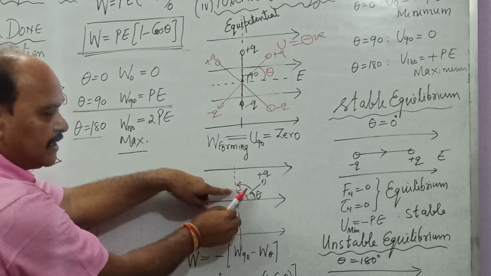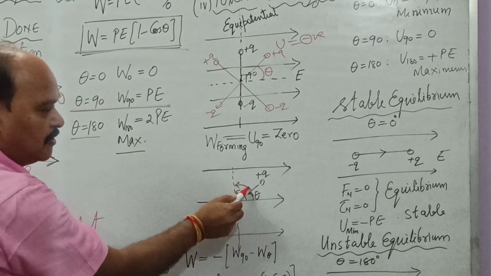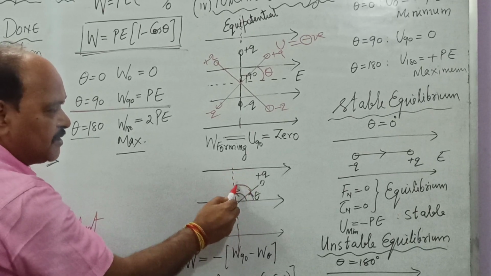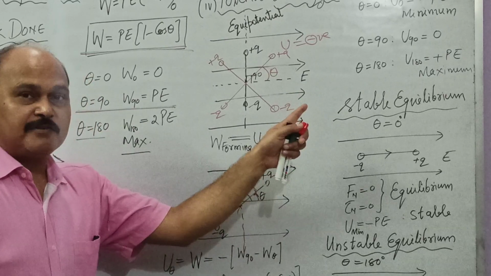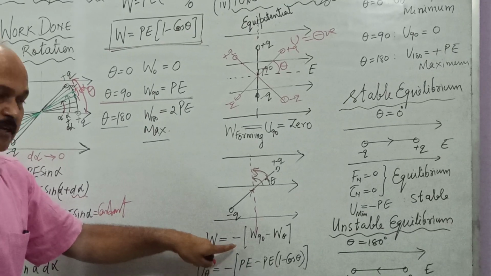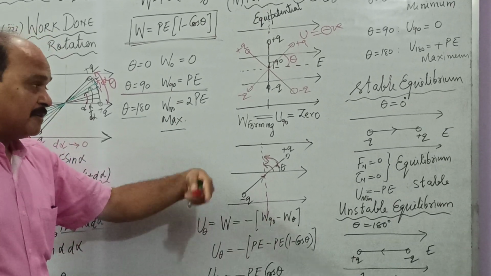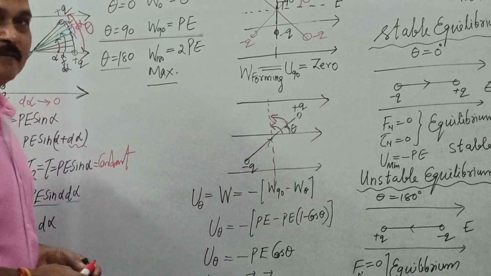So from W90, if we subtract W theta, we get work done in moving from this position to this position. And since the energy in this half is going to be negative, therefore negative of W90 minus W theta is going to be the potential energy of the dipole in this orientation.